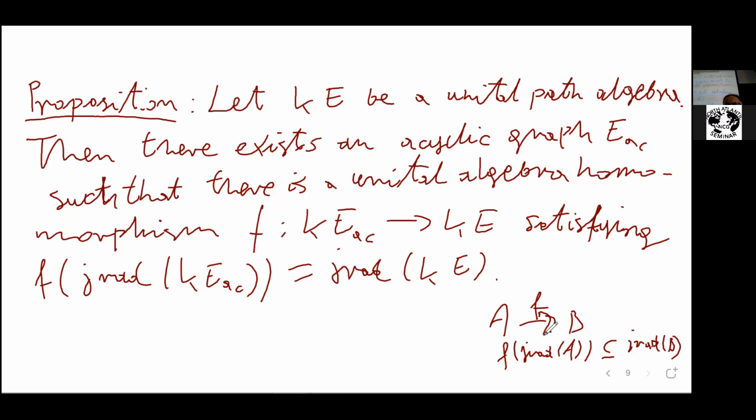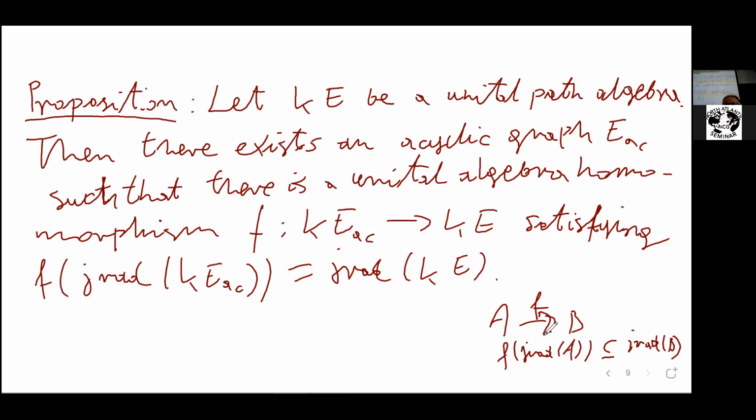I don't have a counterexample offhand, but please correct me if I'm wrong, I don't believe it works. I think you can cook up a counterexample that F of the Jacobson radical of A is not inside the Jacobson radical of B if F is not surjective. I believe it's doable. So that's something particular to this situation. Even inclusion is not guaranteed, and here I claim more than the inclusion.